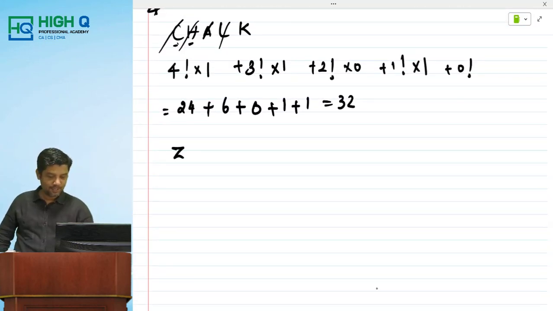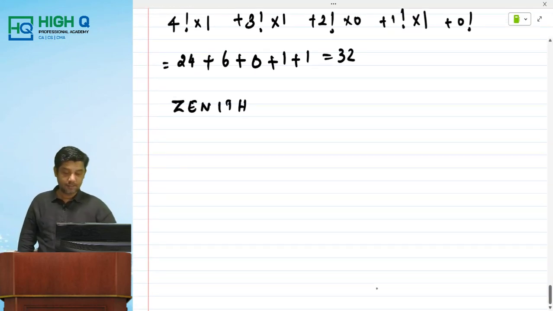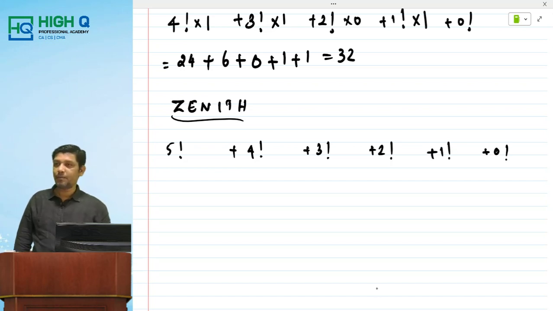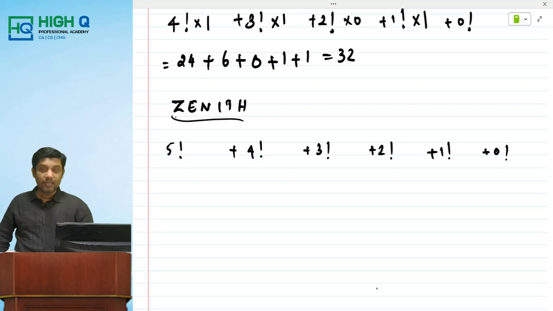Now, zenith. Start 5 factorial. Am I right, my dear? Now, right hand side of Z, how many letters are there?